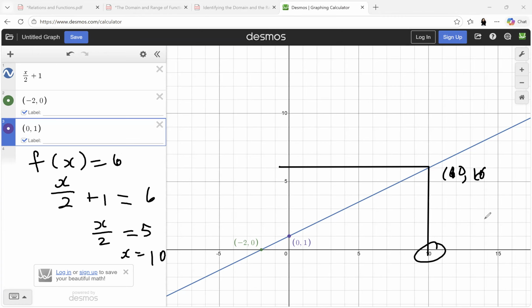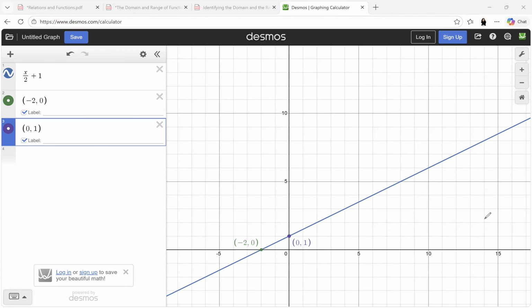Nia, again from the graph, what is x when f of x is equal to 7? That would be 11. Wait, no, 12. 12, that's right.